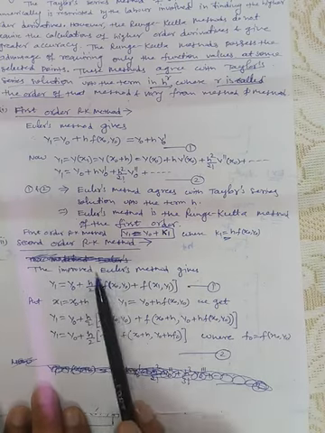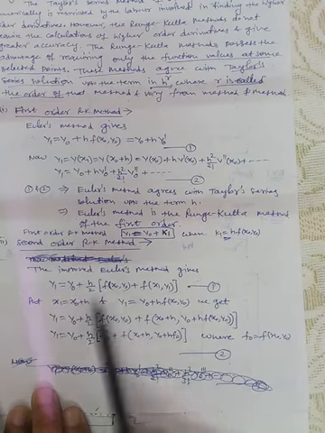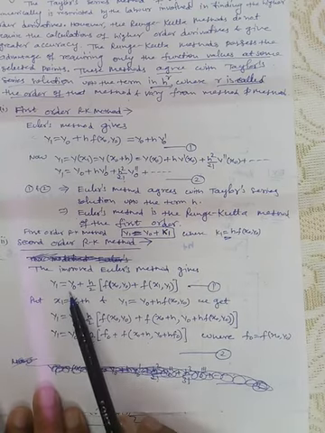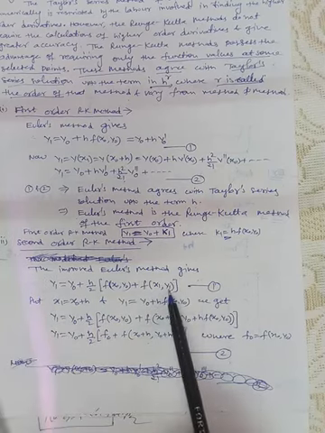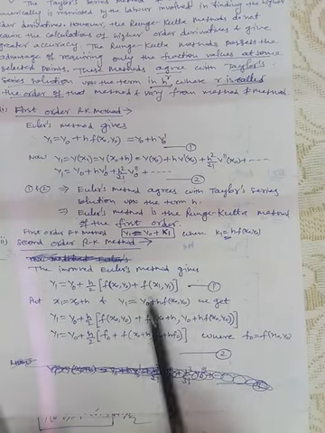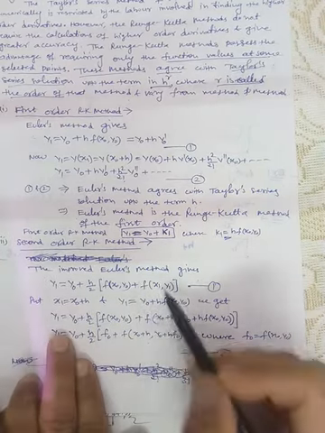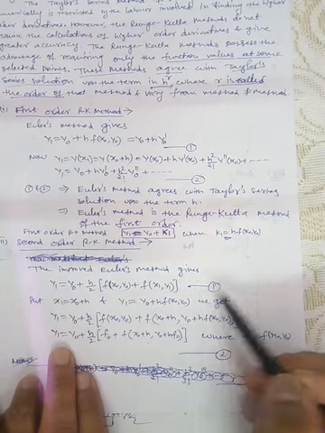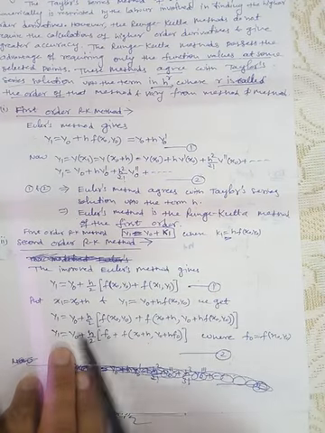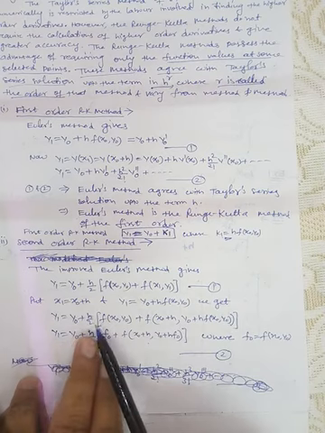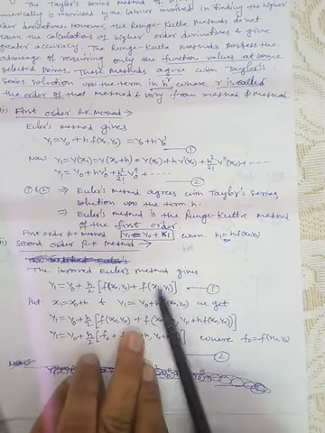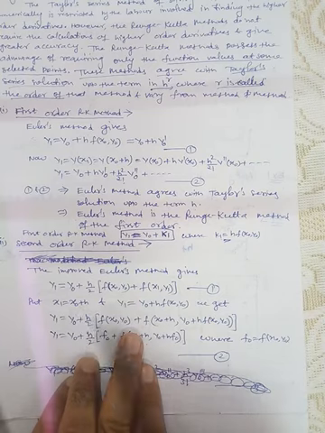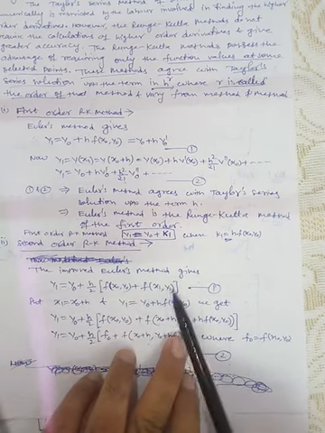The improved or modified Euler method, which we have already discussed, is y1 equals y0 plus h by 2 times f(x0, y0) plus f(x1, y1). Now this can be rewritten as y1 equals y0 plus h by 2 times f(x0, y0) plus f at x1, which is x0 plus h, comma y1.